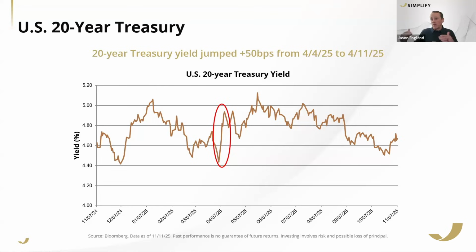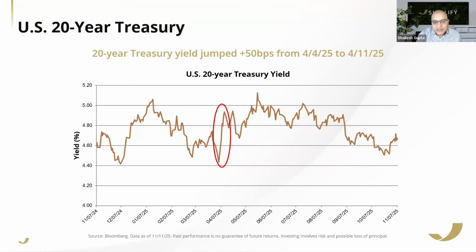And they moved lower more recently after we got some softer labor data in the summer and the Fed eased in September, October. But maybe give us a little color about how that helped the portfolio moving forward, as we've seen those rates reset higher in this chart, and what that meant for the option selling strategy and the premiums.